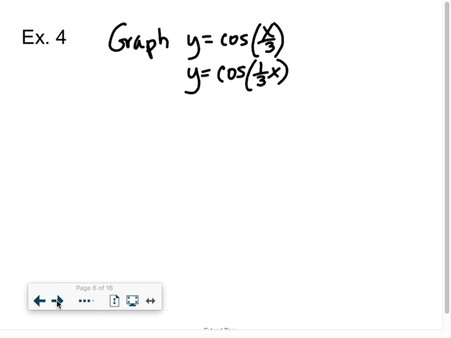What if I ask you to graph y equals cosine x over 3? We've seen this one before.